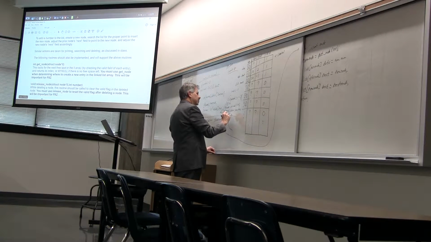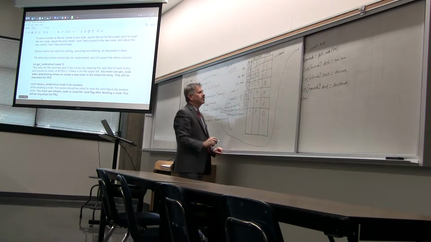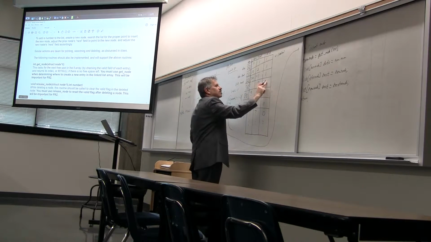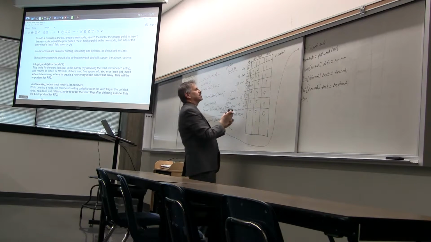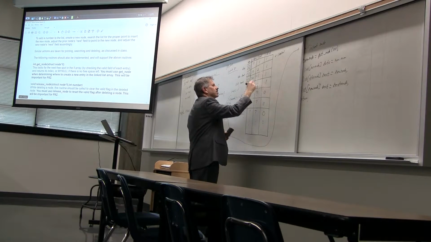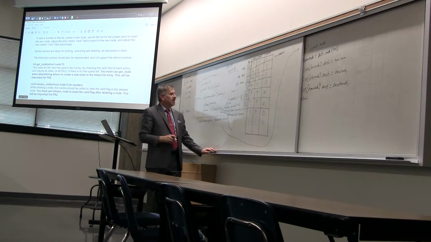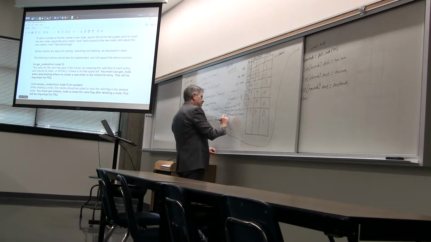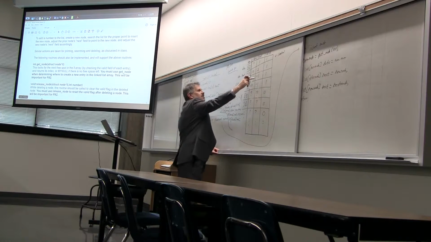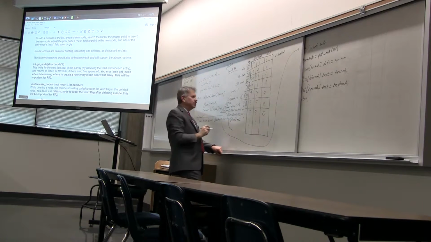List bracket new node dot next is myNull. Right, so we got a node, this became valid. We put a 30 in here. We set the next field to myNull, which is -1. And then we take what was the last node in the list, which is this. So list bracket this node dot next, and we just set that to point to whatever new node is.